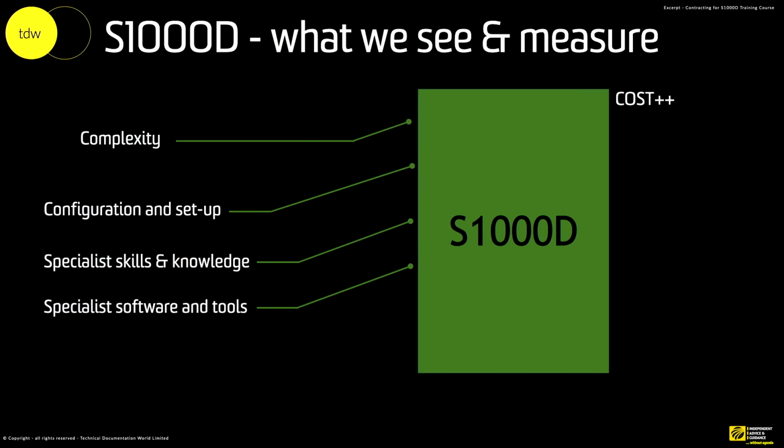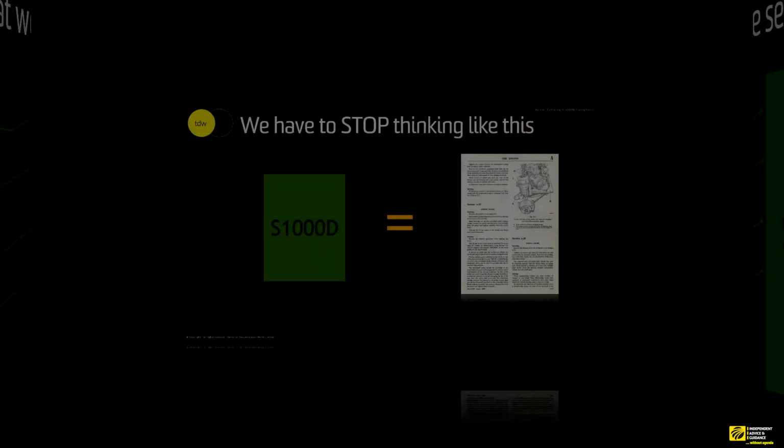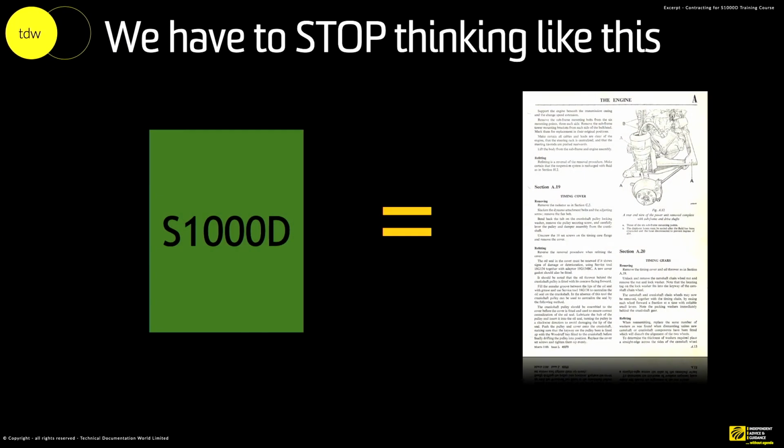They're comparing the old traditional Word-based technical publication to an S1000D based methodology, and they quite rightly question, well, what do we get out of this, Mike? We need to know what we're going to get out of this. So I always spend a bit of time saying we have to stop saying S1000D is equal to a typical, traditional technical publication.